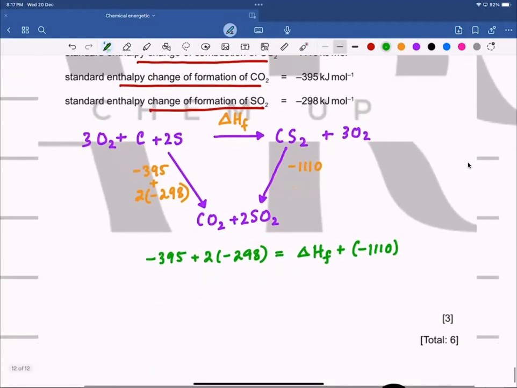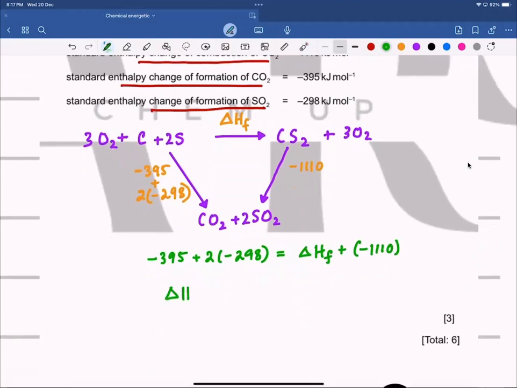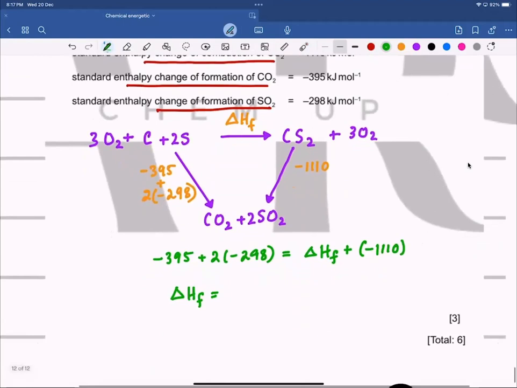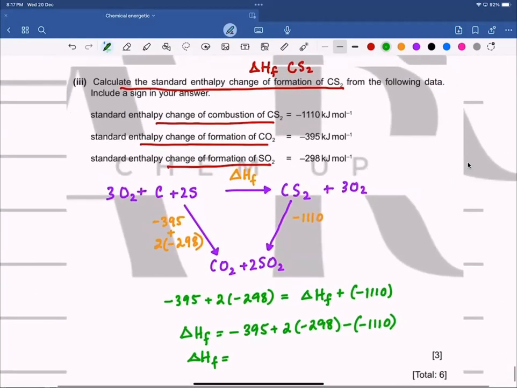So if I make the enthalpy change of formation the subject, then it will be minus 395 plus twice of minus 298 and then minus minus 1110. Now if you solve it, you will get the answer. Is this understandable to both of you, Kubra and Amna? Yes, sir. Yes. Okay.